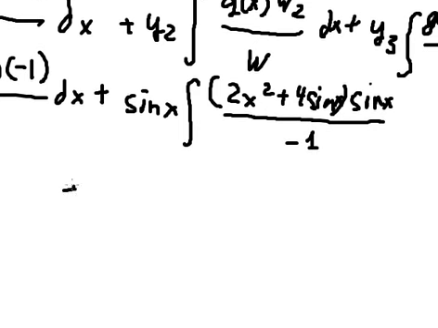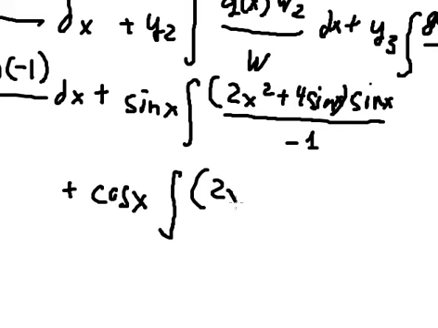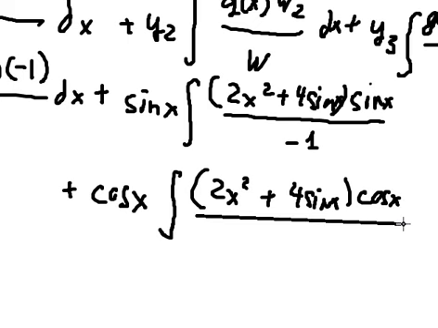And the last one, that is about cosine x, and we have the integration of 2x squared plus 4 sine x, and we have cosine x divided by negative number 1.